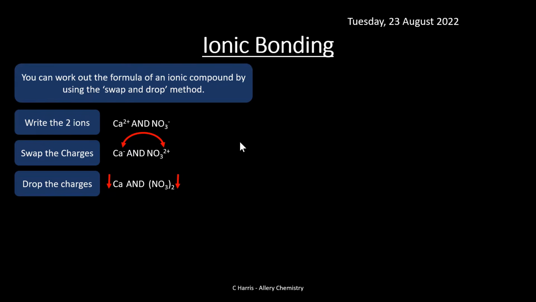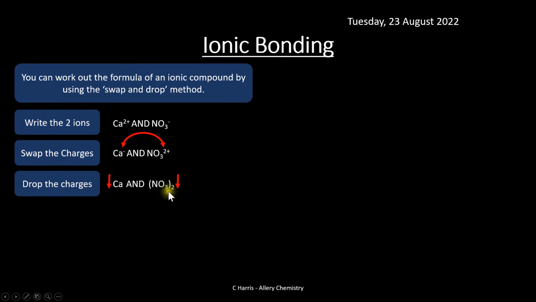Now you'll notice that with the calcium, we don't bother putting the 1 there. We just omit that because we know it's just 1 there, and then the 2 is there. Notice what we do with the NO3 though is that we have to put that in brackets to basically say, right, we've got an NO3 unit and we have 2 NO3s. That's why we put the brackets around there. We can't just put 2 next to the 3, otherwise it would look as though we've got 32 oxygens, which just doesn't happen.